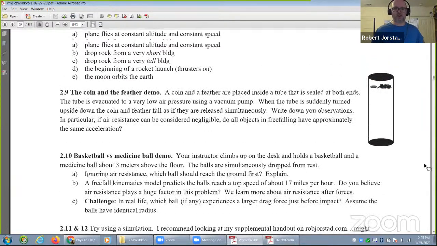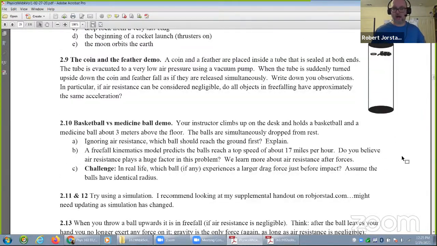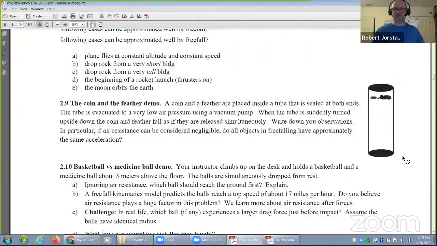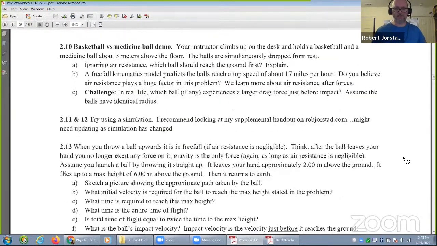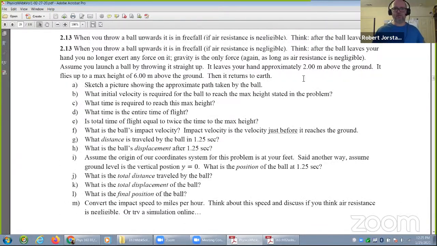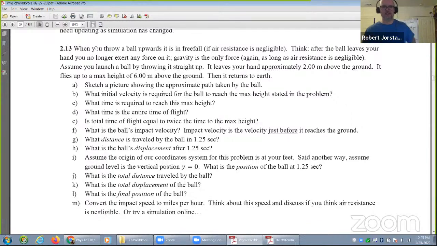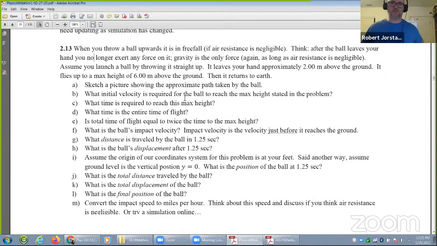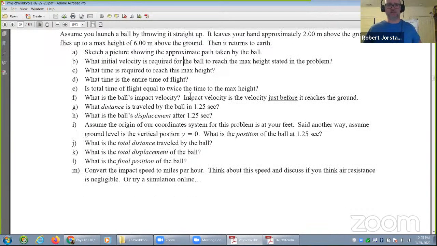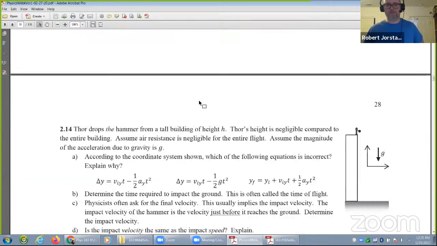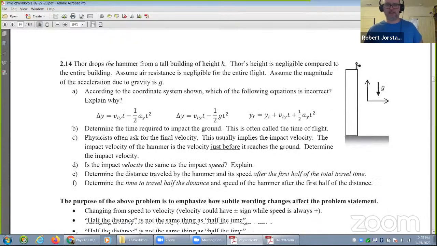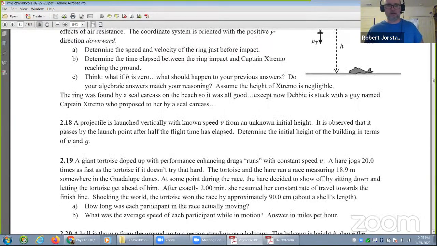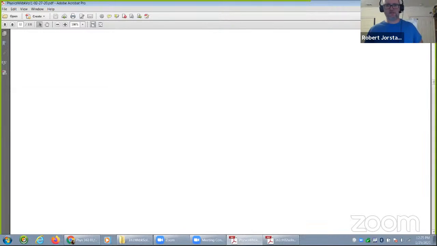Here's where I start to talk about free fall and the y direction. So this is on about page 27. I talk about the y direction, and I give you a big problem here where I talk about the y direction. 2.13, I think, is required for you. So you can have your solutions open and really see some good examples there. And then there's some more. We'll come back to those later. All right. So there's a whole bunch of practice problems.